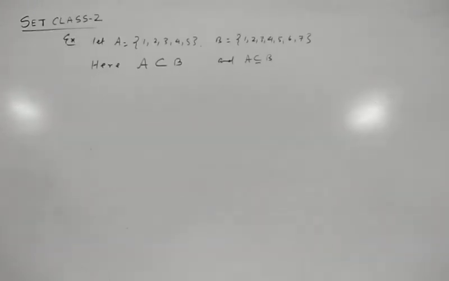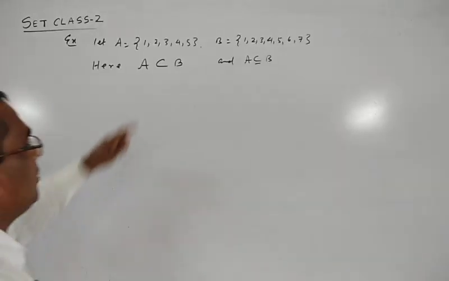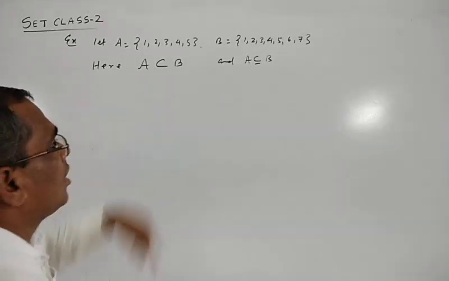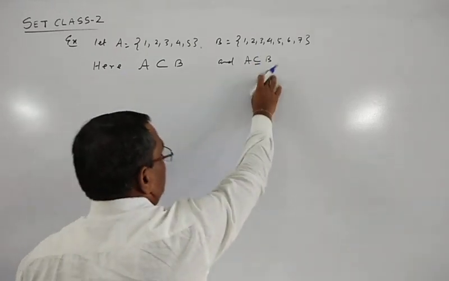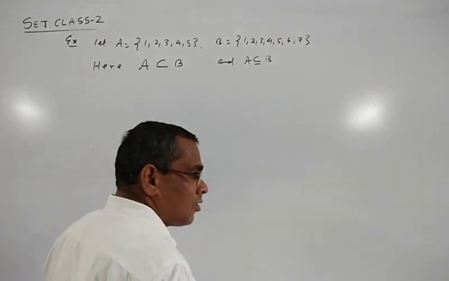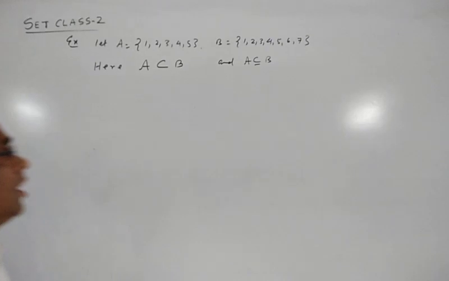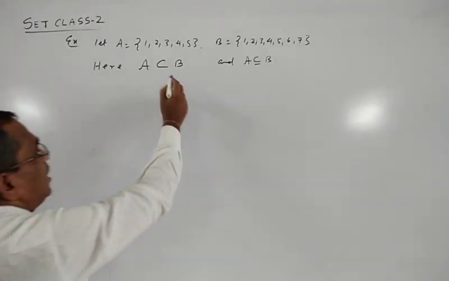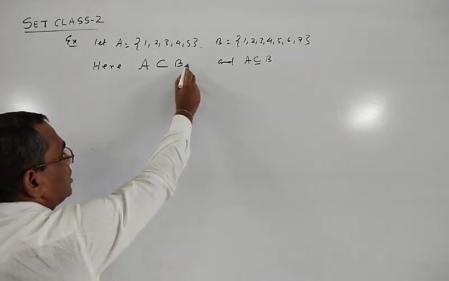A can be both a subset of B and a proper subset of B. But we say A is a proper subset of B, it is the better one. Okay.